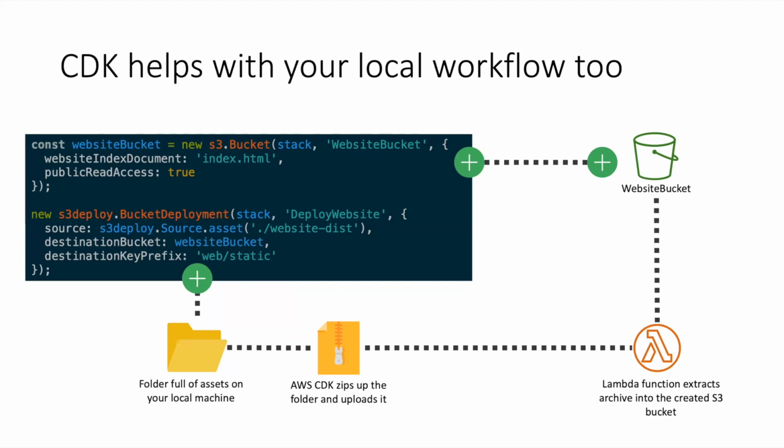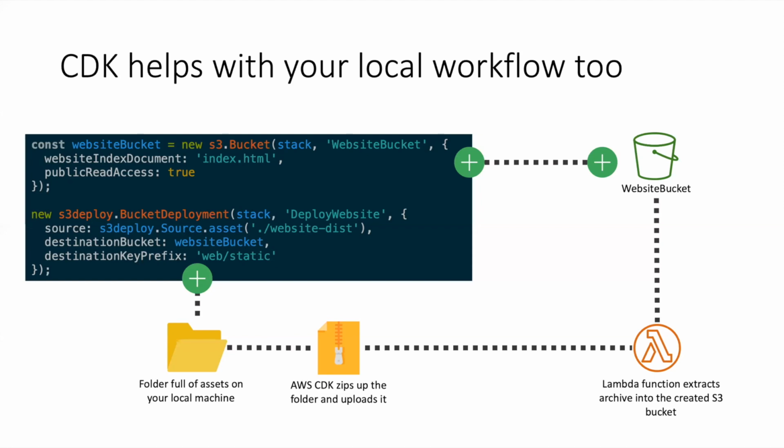So CDK also supports doing operations locally on your developer machine, such as gathering up files. Here you can see there's a construct for the s3.Bucket. So I'm saying my website bucket equals new S3 bucket. What that's doing is creating my S3 bucket for me. But then I'm also creating something called s3 deploy.BucketDeployment.